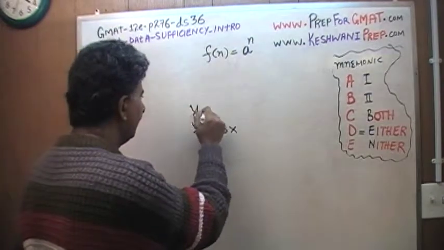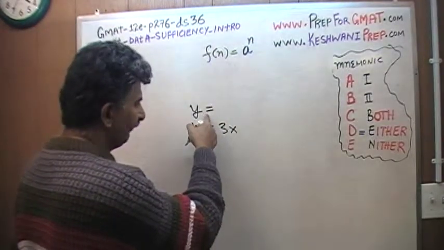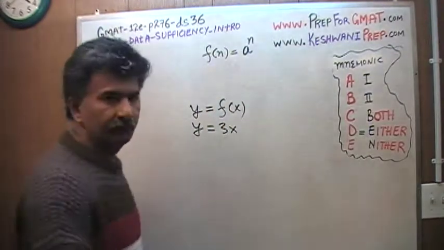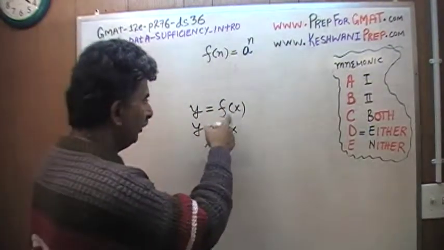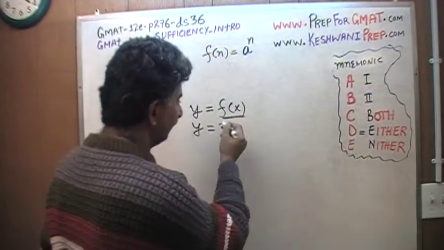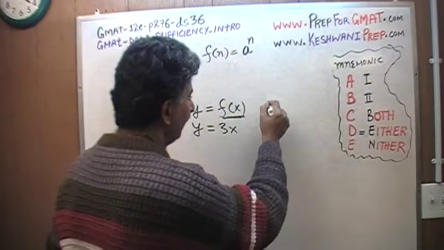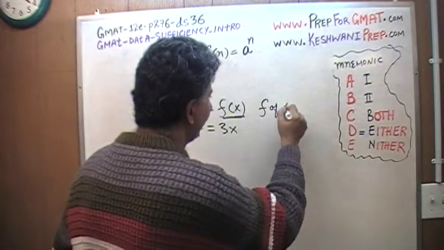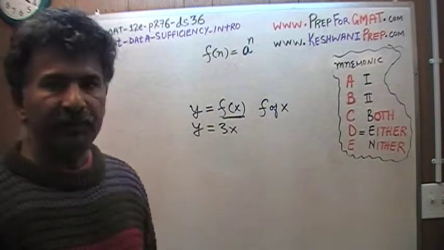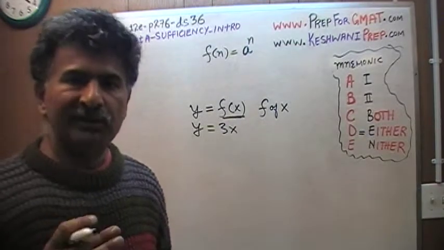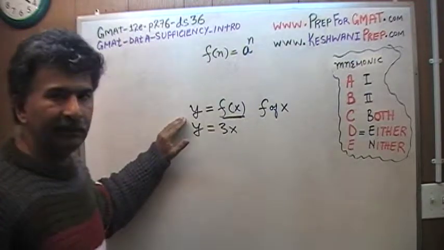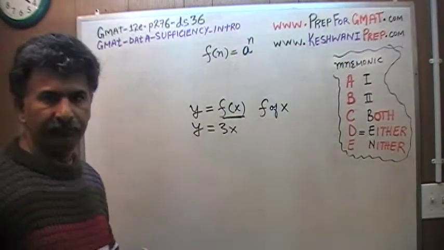We say that y is a function of x, which is also sometimes read as f of x. That's how you read it, f of x, which simply means it's a function of x, a very fancy way of saying that the value of y depends on the value of x. That's all.